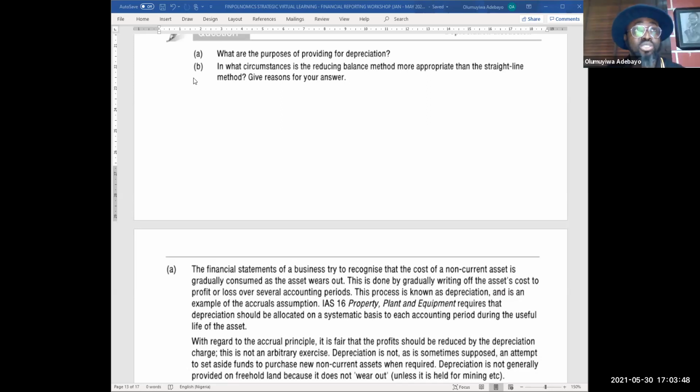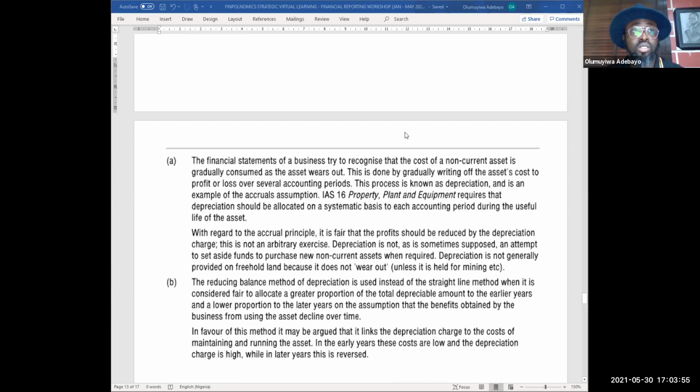Okay, now the second question is, in what circumstances is the reducing balance method more appropriate than the straight line method? Can you read it up? All right, sir. The reducing balance method of depreciation is used instead of the straight line method when it is considered fair to allocate a greater proportion of the total depreciation amount to the earlier years and a lower proportion to the later years, on the assumption that the benefits obtained by the business from using the asset decline over time.